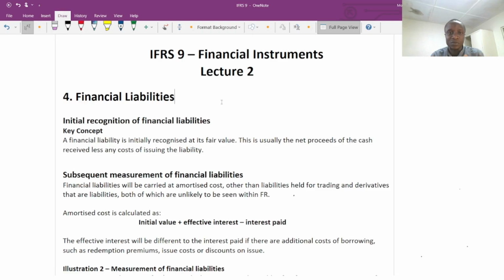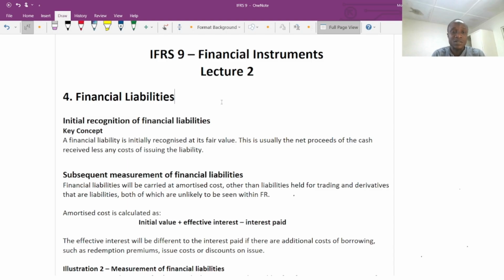Now, for example, on 1st January 20x6, I took out a loan from XYZ bank, for example, right? In my books, I'm going to debit my cash, my bank, then I'm going to credit my financial liability because at the end of the period, I'm going to repay back the loan.